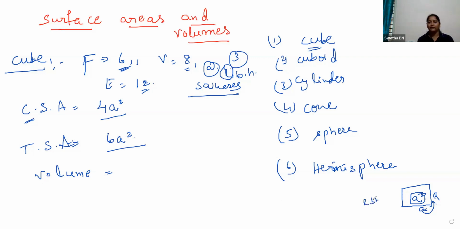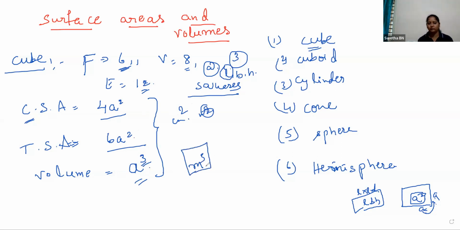So L, B, H. In a cube all are same, so L into L into L, that is L cube, or A cube. You should know all these 3 formulas: 4A square, 6A square and A cube. You should know the units: centimeter square or meter square for area, and for volume, since there are 3 dimensions, meter cube.